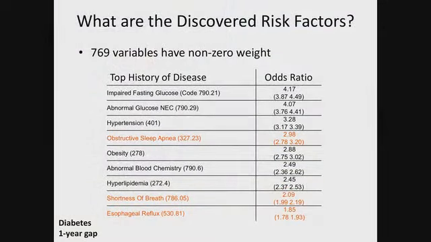So here what I'm showing you are the variables that have been selected by the model and have non-zero weight. For example, at the very top you see impaired fasting glucose, which is used by the model, and it's not surprising because we're trying to predict is the patient likely to develop type 2 diabetes. Now you might ask, if a patient has a diagnosis code for impaired fasting glucose, aren't they already diabetic?